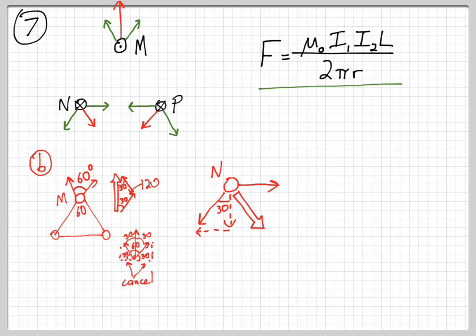The thing to keep in mind, if you're doing the component method for this one, is that since this net force is on a diagonal, you're still going to have to use the Pythagorean theorem at the end. So let me quickly write out the general idea here. F1x plus F2x equals F net x.